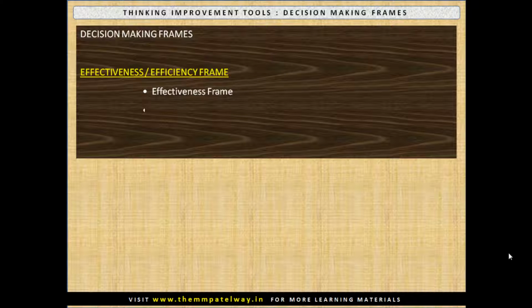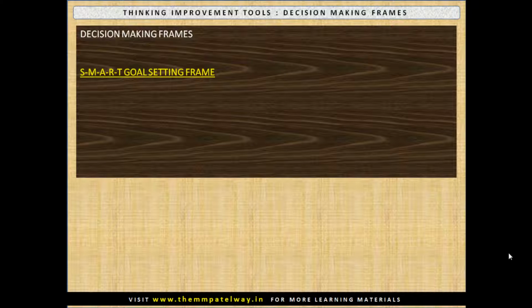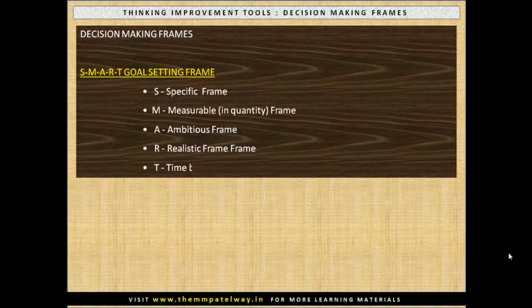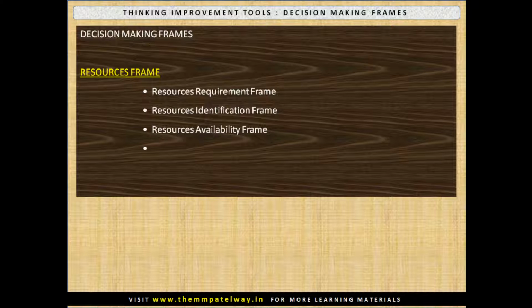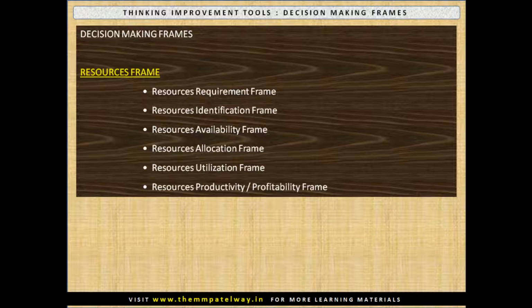Effectiveness, productivity and efficiency, result orientation and activity oriented frame. Smart goal setting frame. Specific goals, measurable goals, ambitious goals, realistic goals and time bound goals. Resource frame. Resource requirement, identification, availability, allocation, utilization and productivity and profitability frame.